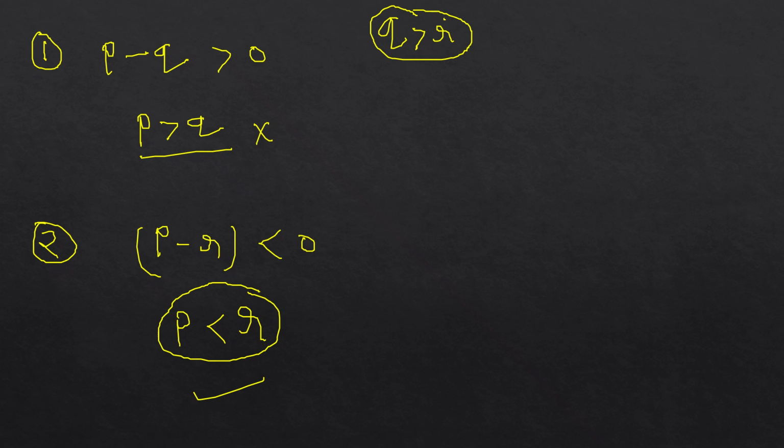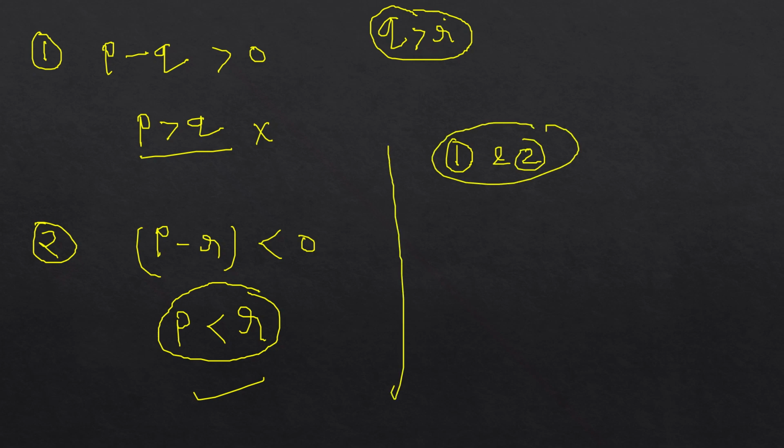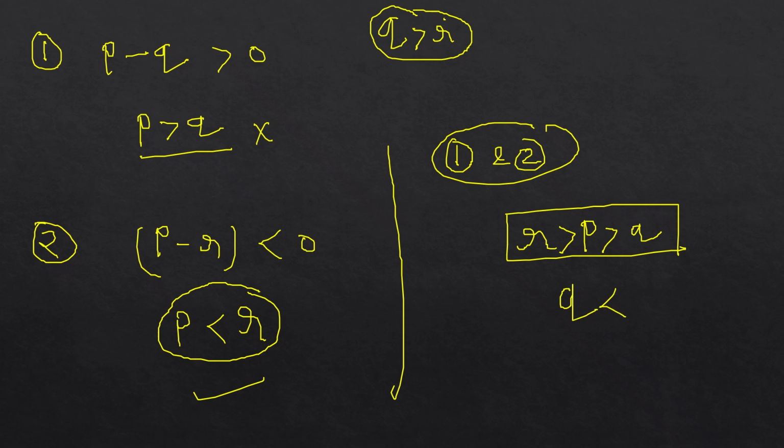Now we'll check with the help of statement 1 and 2 together. So now we have the condition P is greater than Q, simultaneously P is less than R. So now we can easily check that yes, Q is less than R. To answer this, we use statement 1 and statement 2.